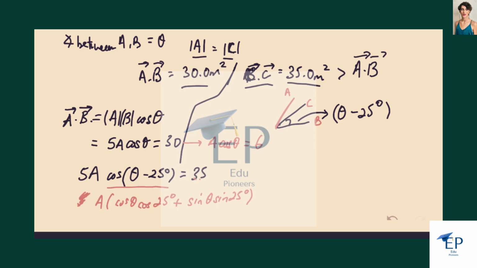Then after dividing 5 over to the right hand side, we should get 7 on the right hand side. Factorizing out A cosine theta, so sine theta divided by cosine theta, we get tangent theta. We can substitute A cosine theta equal to 6 into our equation, and we divide 6 to the right hand side.